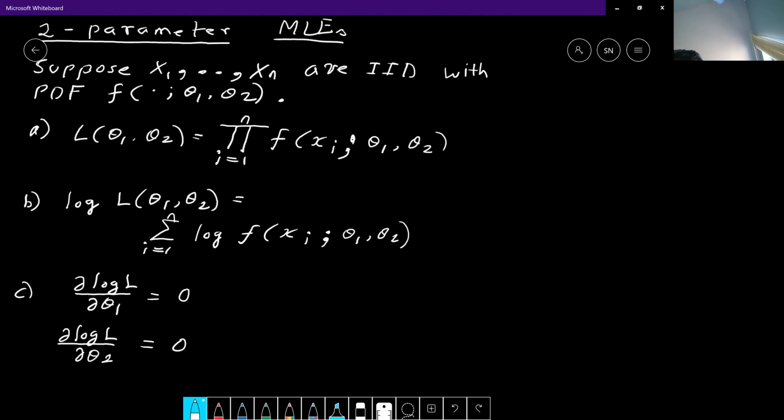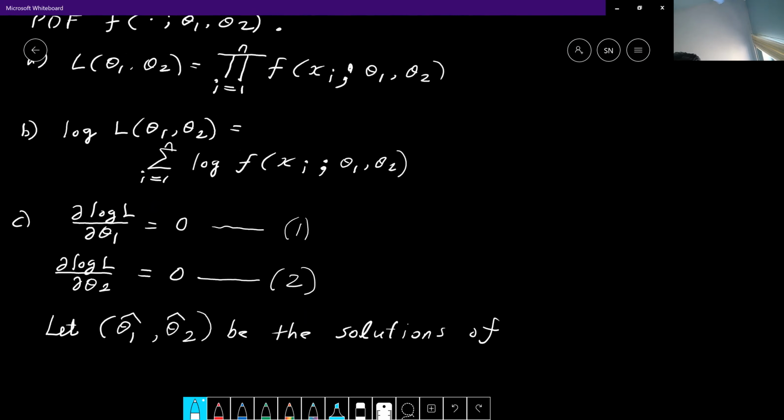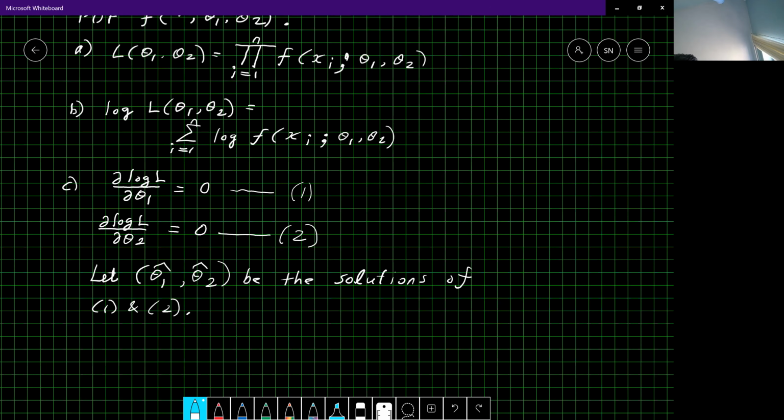Let me call this 1, call this 2. So we need to solve these two equations, 1 and 2, and let the solutions be theta 1 hat and theta 2 hat. So that's part C.